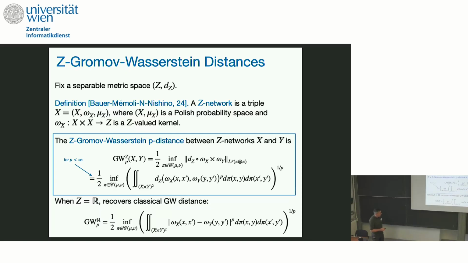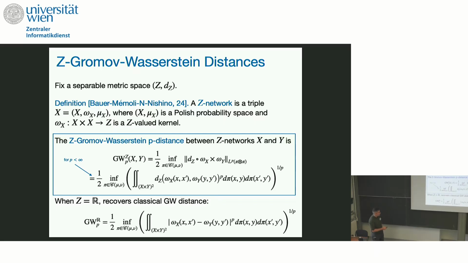Right. So comparing to the old, or classical, definition of Gromov-Wasserstein, what's the difference? It's really a small difference. Previously, I had real valued kernels, and I compared the kernel values by taking the absolute value of their difference.